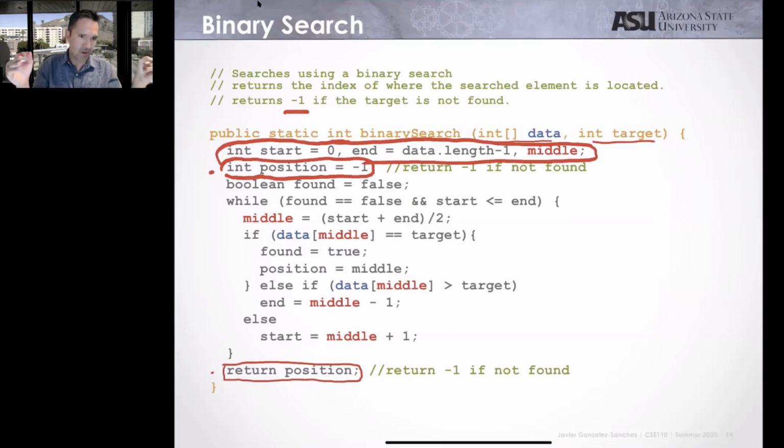So in my array with 11 elements, the end is index 10. And also I have my variable for the middle. I could calculate the middle here, but I am going to do that later in the following lines. So start, end, and middle, and I put initial values for start and end.